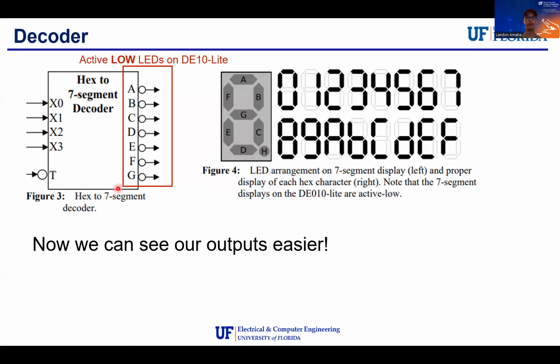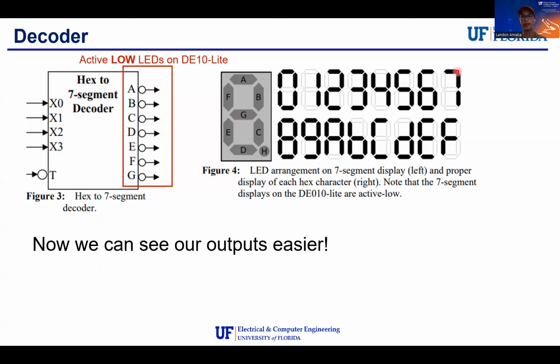Previously, if you wanted to represent these 4 bits, you needed 4 LEDs. And if you wanted to express a binary 4, you look and X2 is on, and then you have to do the binary math in your head. That gets quite tricky. So what we can do is feed the output of our circuit into this decoder, and it'll convert it to A through G, which will output on our 7-segment display.